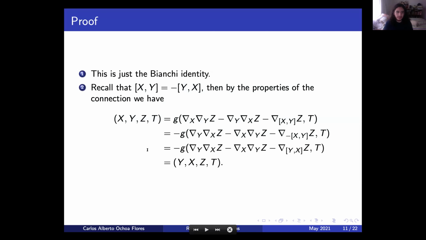So as I said, the first one is just the identity once again. And for the second one, recall that the Lie bracket is anti-commutative, right? So the Lie bracket of x and y is exactly the same as minus the Lie bracket of y and x. Then by the properties of the connection, we have the following.